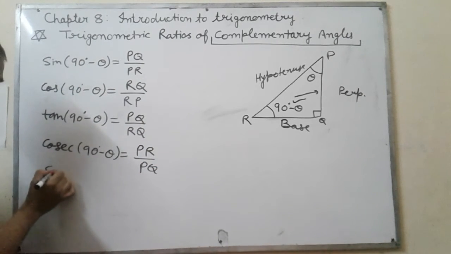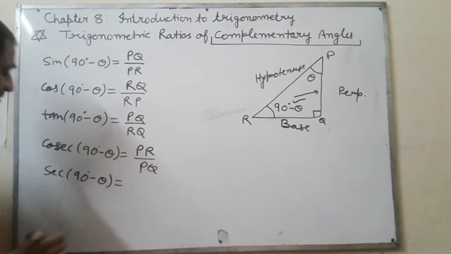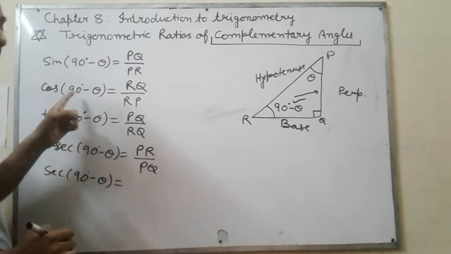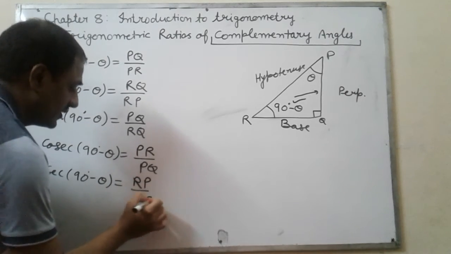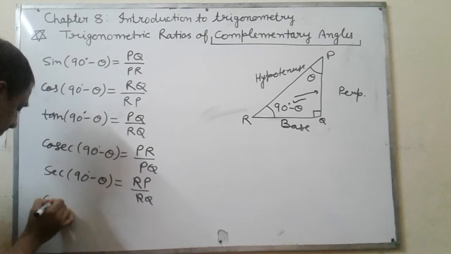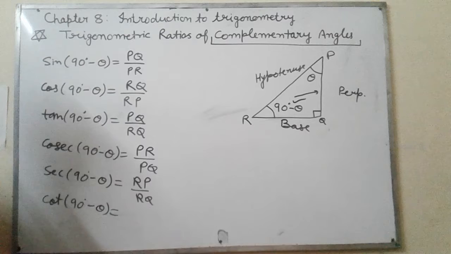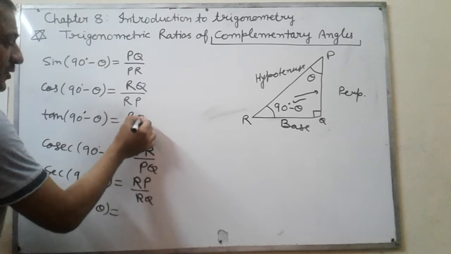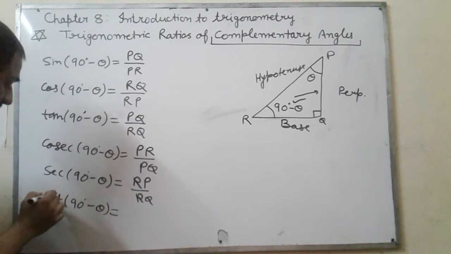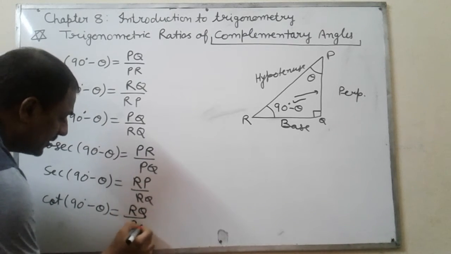And sec 90 minus theta, sec is the reciprocal of cos, so it will become RP upon RQ. And cot 90 minus theta is equal to RQ upon PQ, since cot is the reciprocal of tan. If tan 90 minus theta is PQ upon RQ, then cot 90 minus theta is RQ upon PQ.